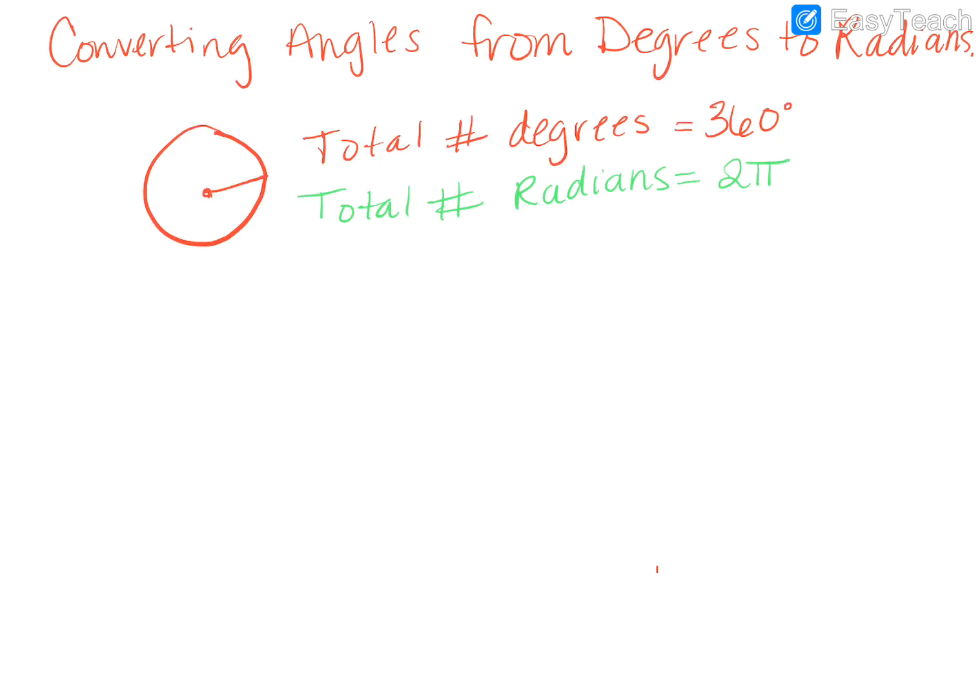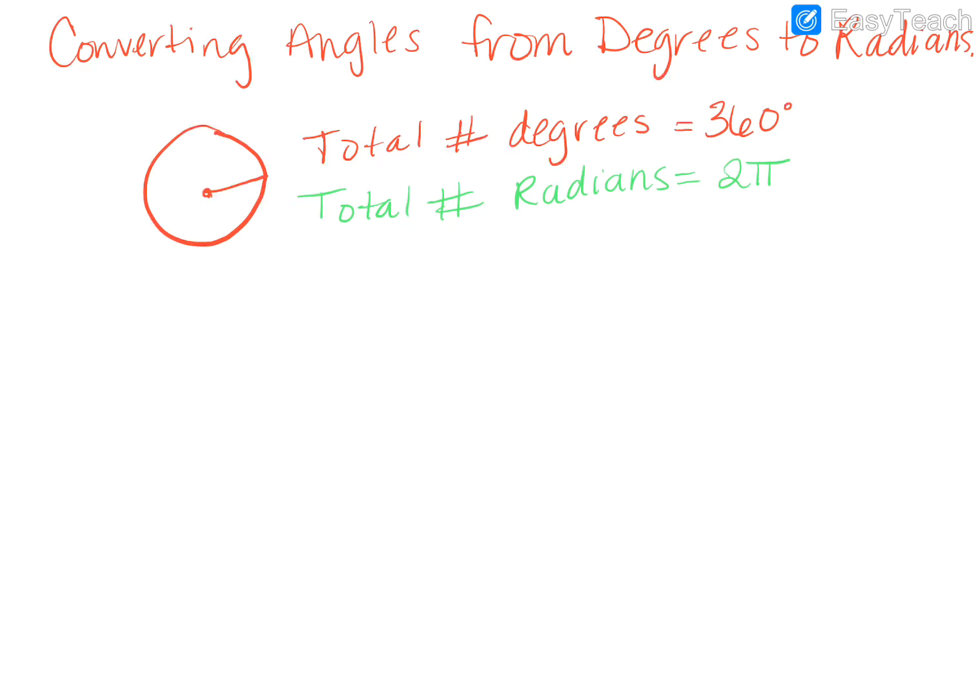So we would write out a conversion rule in order to understand these. And basically, you just put one on top of the other. So we're going to talk about converting from radians to degrees and degrees to radians.